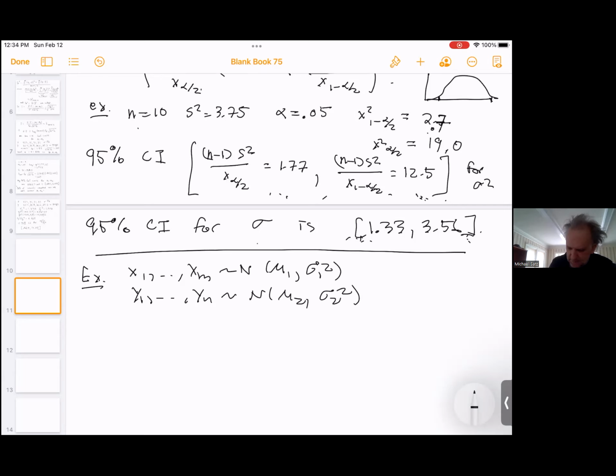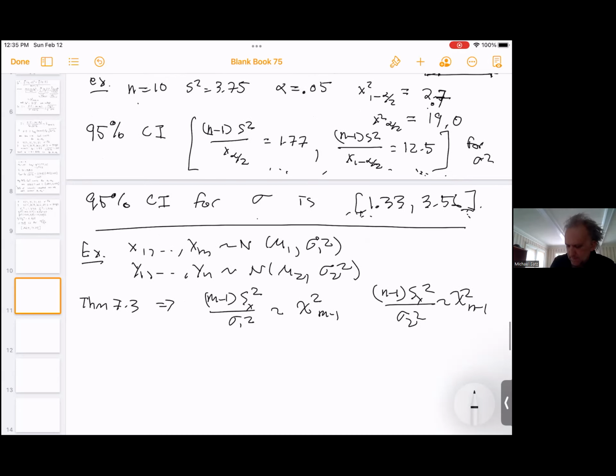And so then, theorem 7.3, what we have is (m minus 1) Sx squared over sigma 1 squared is chi squared with m minus 1, and (n minus 1) Sy squared over sigma 2 squared is chi squared with n minus 1.